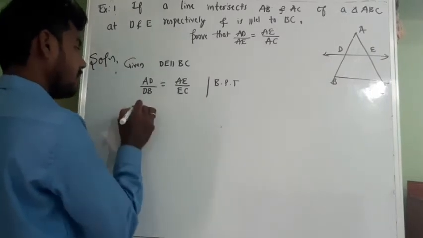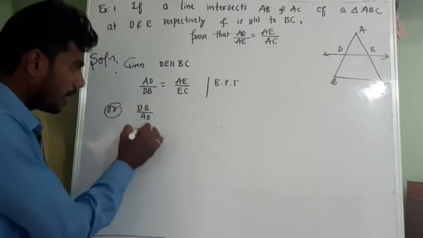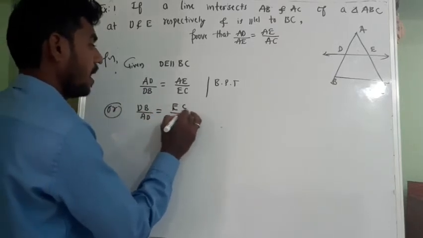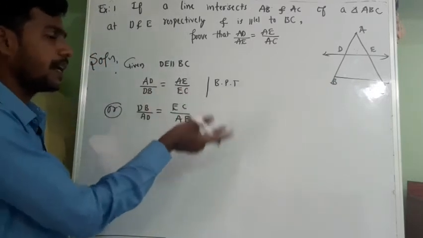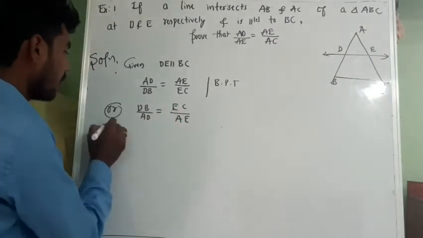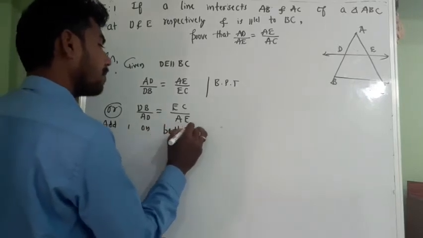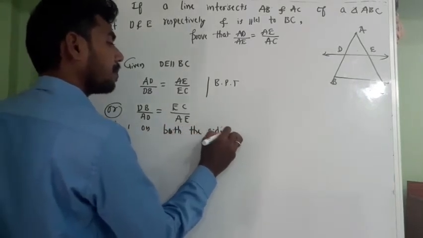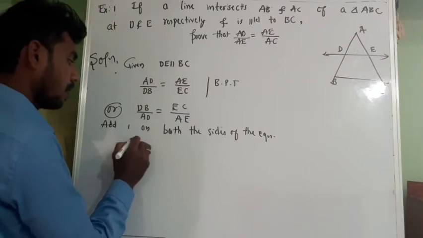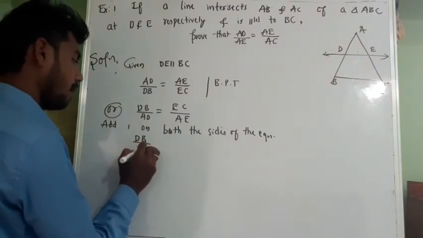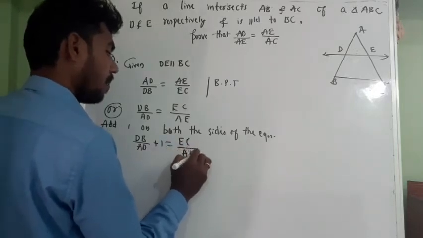Now I can reverse it. DB by AD is equal to EC by AE. On the left hand side I am reversing the ratio, so on the right hand side I should reverse the ratio. Now add 1 on both sides of the equation. Then DB by AD plus 1 is equal to EC by AE plus 1.